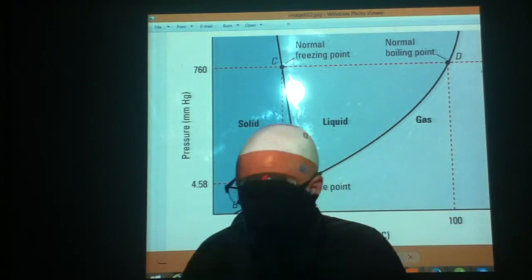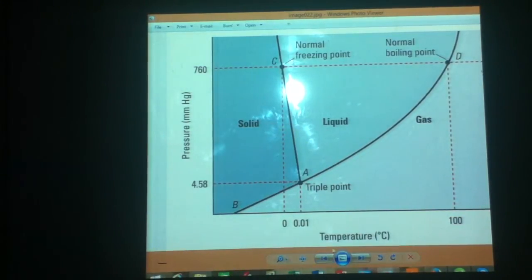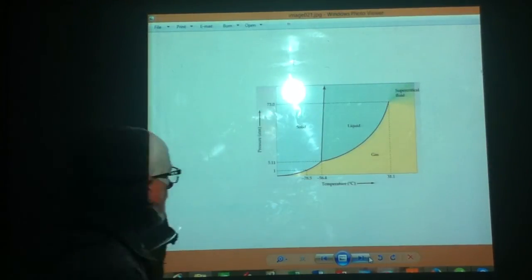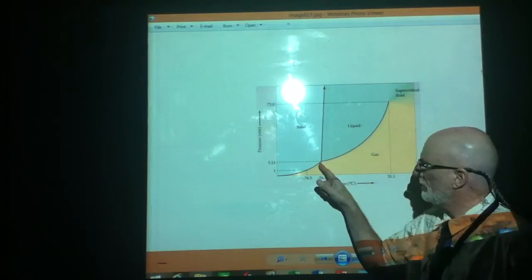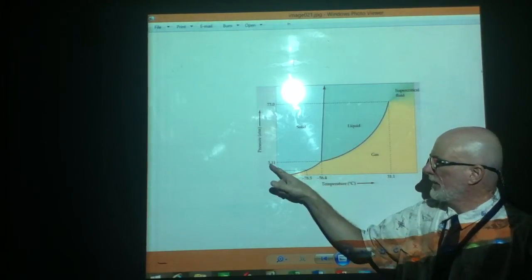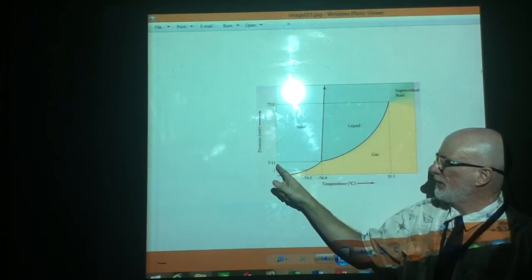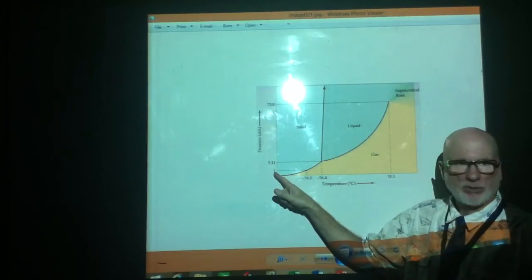Okay? Let's just go back quickly and look at water and look at carbon dioxide. All right, so this is the triple point right there, right? So look at that. This is atmospheres now. That's 5 atmospheres. That's 1 atmosphere.